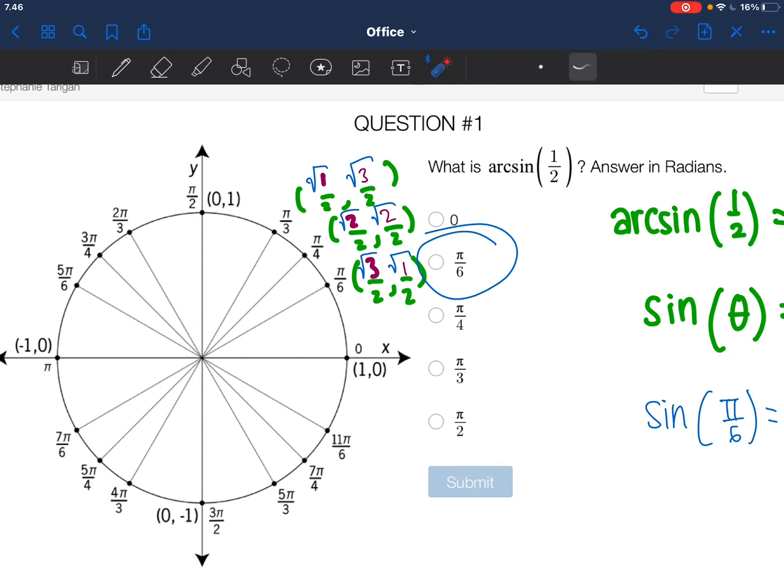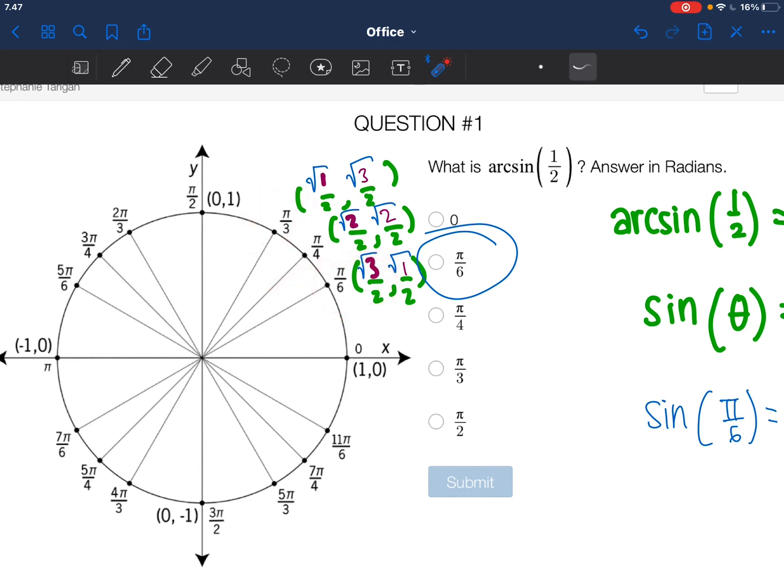There's no way that y over x would equal square root of 3 if we use these angles, right? It's useless. Okay, so those are out. The pi over 4s are out because there's no way that square root of 2 over 2 divided by square root of 2 over 2, positive or negative, would give me square root of 3, right? So we're left with pi over 3 and pi over 6 here.